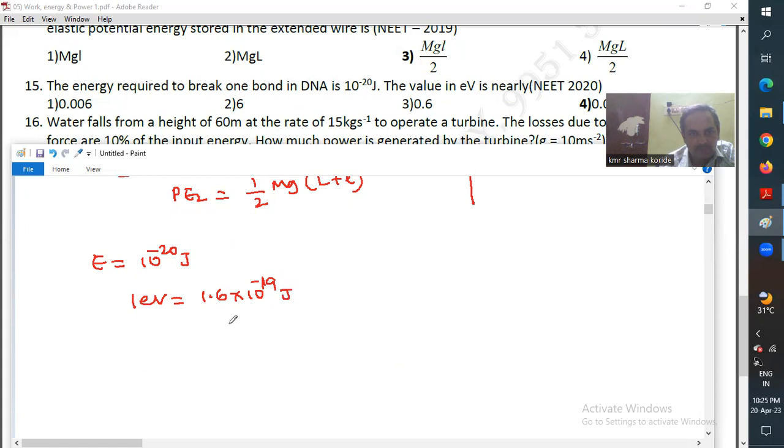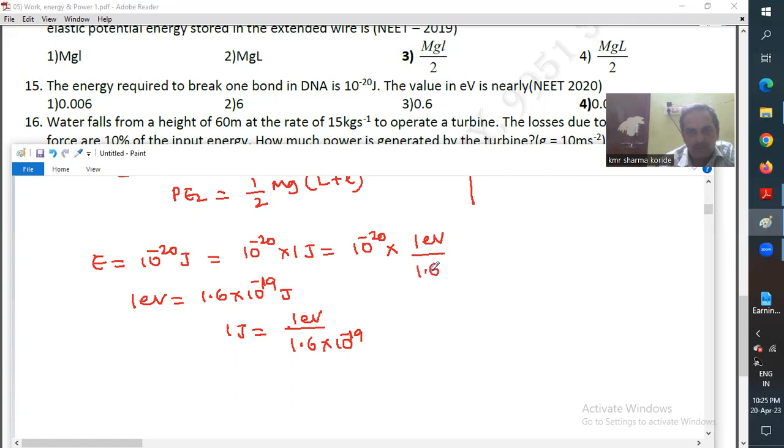From this, 1 joule can be written as 1 electron volt divided by 1.6 into 10 to the power of minus 19. So 10 to the power of minus 20 into 1 joule is 1 electron volt divided by 1.6 into 10 to the power of minus 19. This and this get cancelled, leaving a minus 1 here.